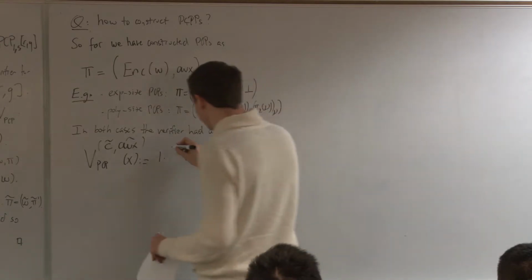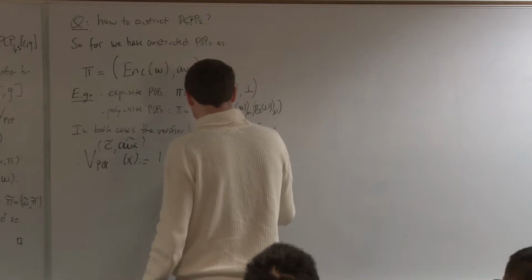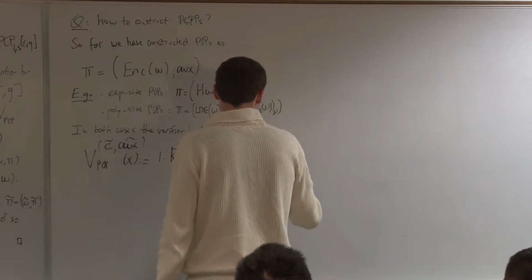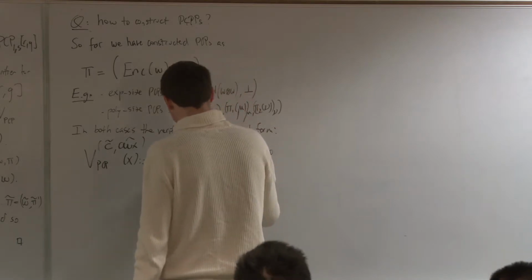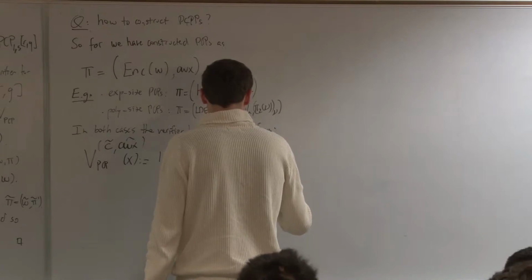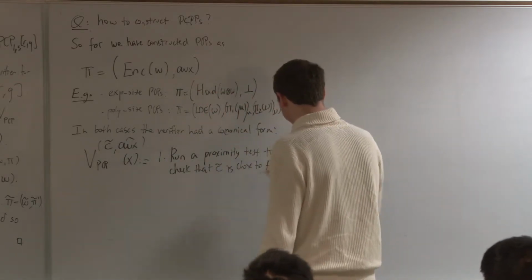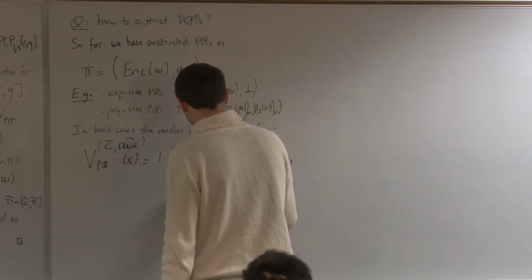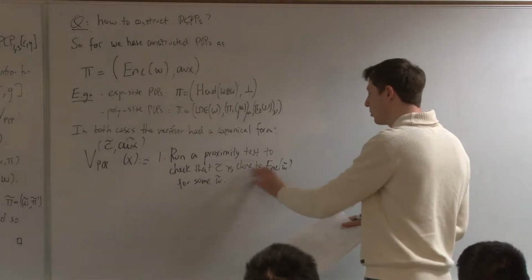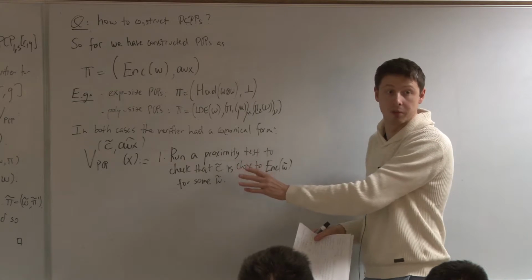So it runs what you can think of as a proximity test to check that C tilde is close to the encoding of something, right? So it checks that C tilde as a code word is close to the encoding of something, but we don't know yet whether that something is of interest to us.